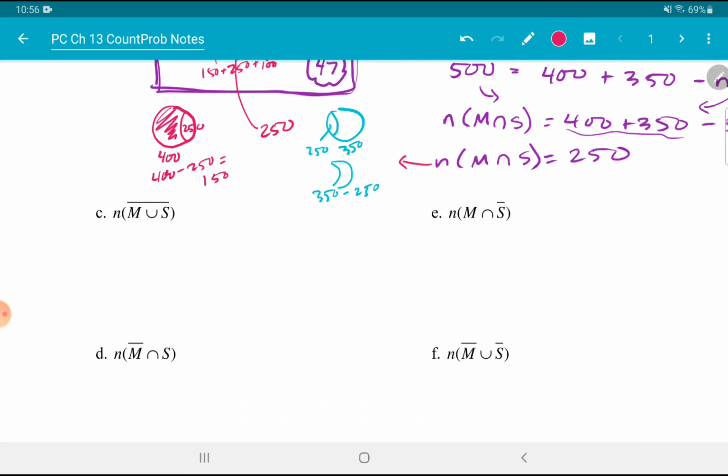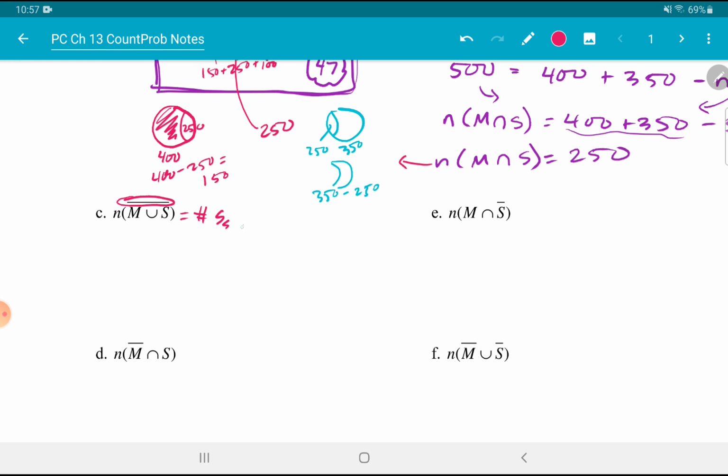Now notice a lot of these questions, these 4 scenarios here, all look very similar, but it's very important that you phrase it in such a way that it actually describes what you're trying to find here. For example, in C, this is asking for the number of students, and I'll just abbreviate students with SS, the number of students who are, and then notice what you see here.